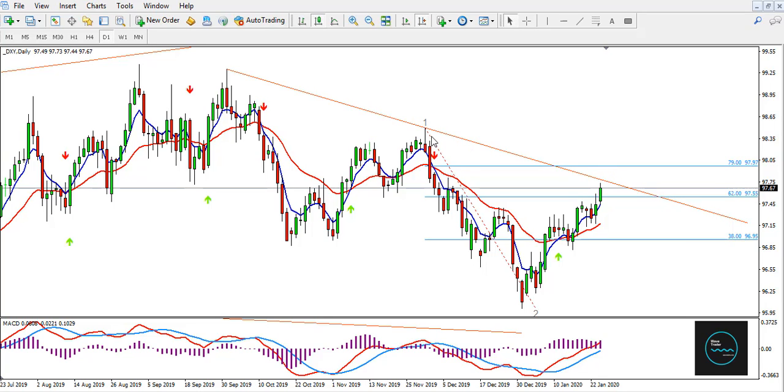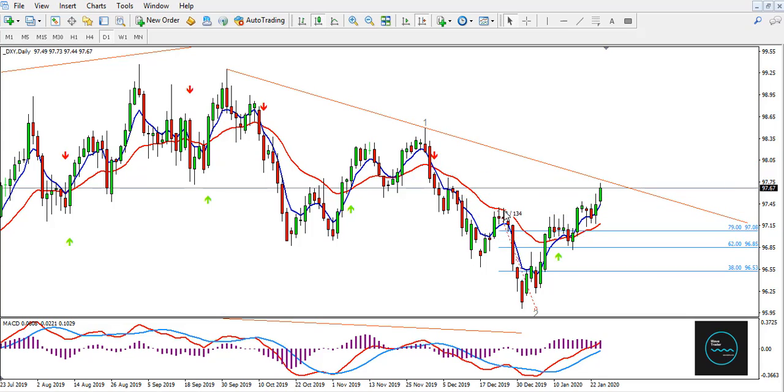The second scenario was if the dollar could not break the 62% region here, which it did, but if it could get up to the 79%, then there was a chance of the dollar turning around and going south. As you can see, it's gone beyond that.